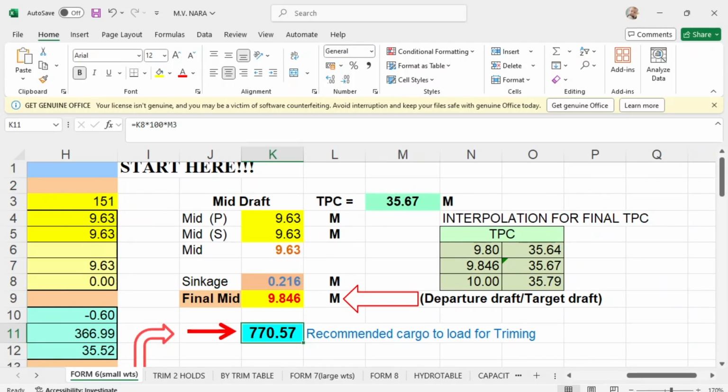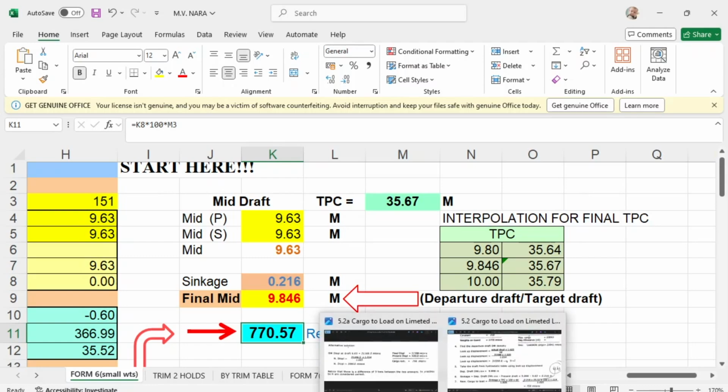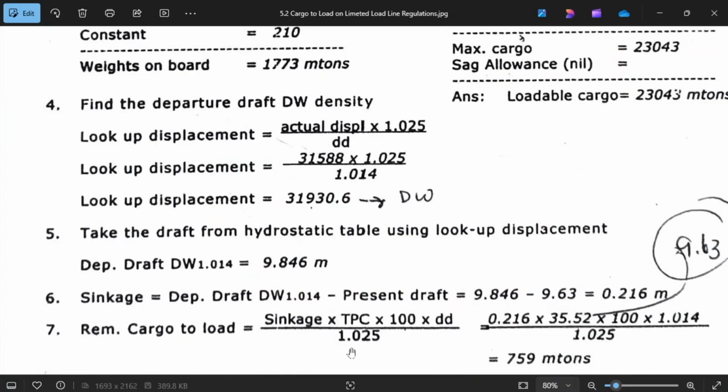Now, take note, guys. Again, take note. The formula is supposed to be sinkage times 100 times TPC. So this density is not included. Okay, you just multiply sinkage times 100 times TPC. That's it.